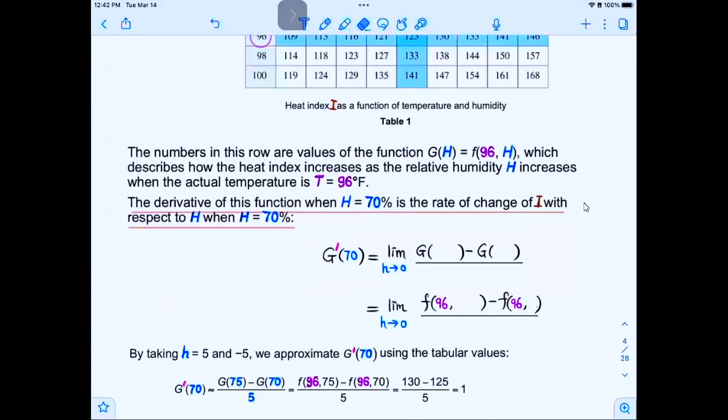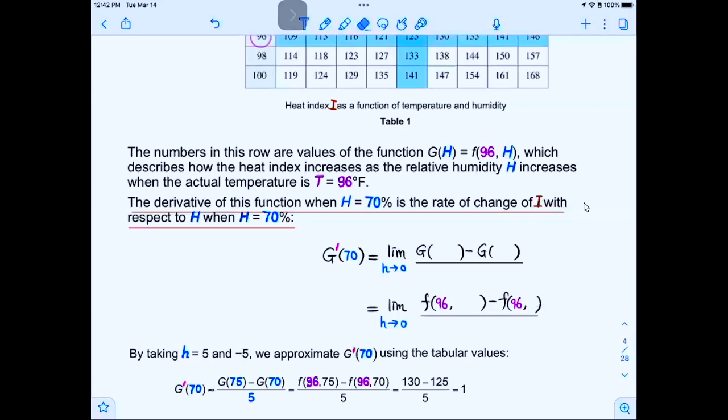So G prime of 70 actually is the rate of change of heat index with respect to H, when H is 70. So what is it? That means when the humidity is 70%, then if the humidity goes up 1 unit, how much does the heat index go up?